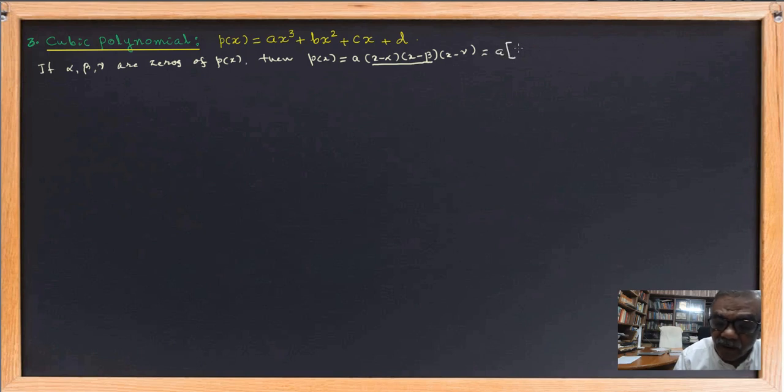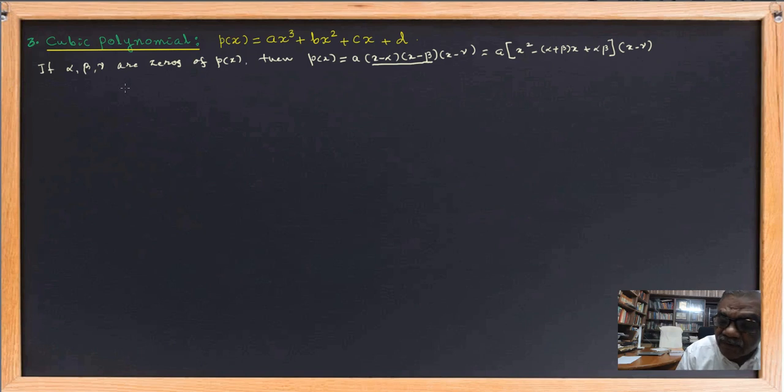First I would like to multiply these two linear polynomials as a into x square minus (alpha plus beta) into x plus alpha into beta, and then I would like to take out this (x minus gamma) to be multiplied with this quadratic polynomial.